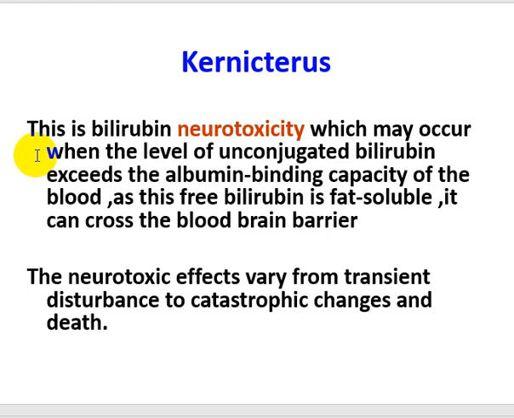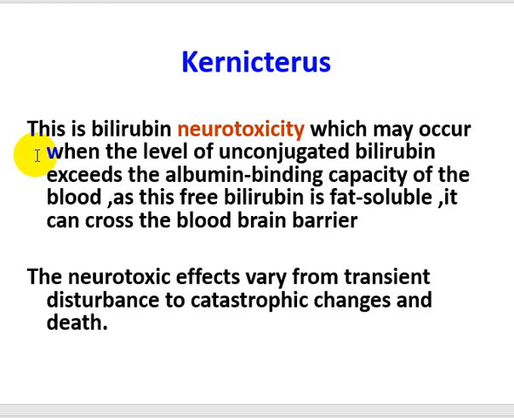Again, you can remember the slide of the metabolism of bilirubin, and we mentioned that there is conjugation in the liver. When the unconjugated bilirubin exceeds this binding capacity with albumin, the free bilirubin is fat soluble, not water soluble, and it can cross the blood-brain barrier.